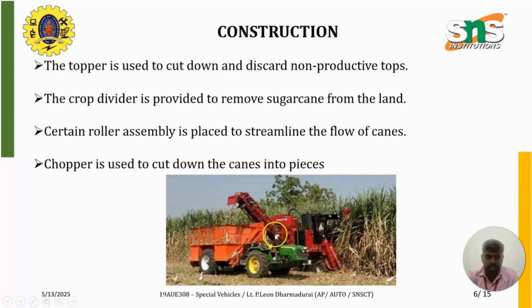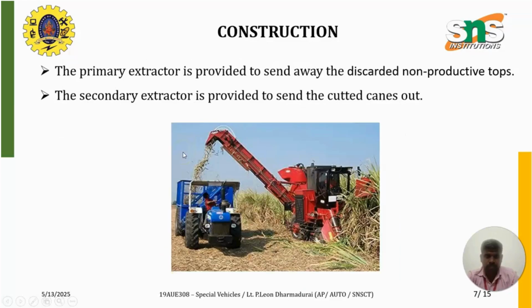In this picture, you can see the vehicle which I have just described. In the construction part, the topper is used to cut and discard the non-productive top layers of the sugarcane. The crop divider is provided to remove the sugarcane from the land, and the roller assembly is placed to make the sugarcane into a streamlined flow on the conveyor. The chopper is placed at the end of the vehicle for cutting the canes into fine pieces.